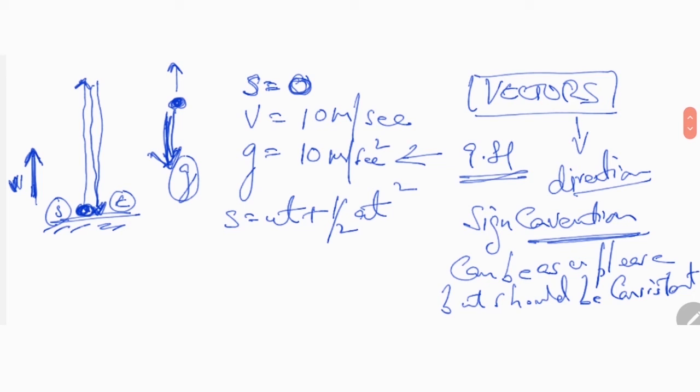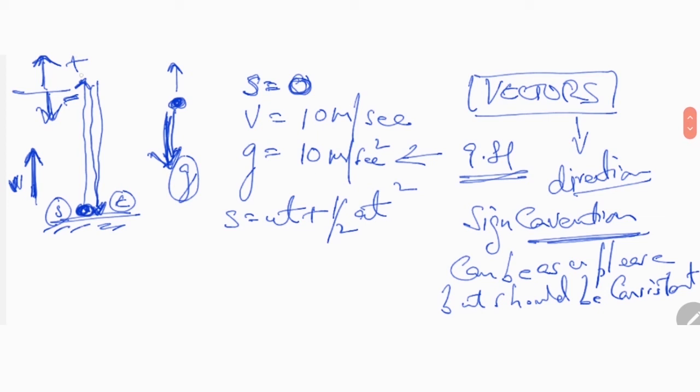So the way I like it is, I like to go with everything pointing upwards as positive, everything pointing downwards as negative. Look, this is my convention. This is the way I want it, or I like it. If you want it in a different way, it's fine. But just remember that it needs to be consistent across the problem you're attacking.